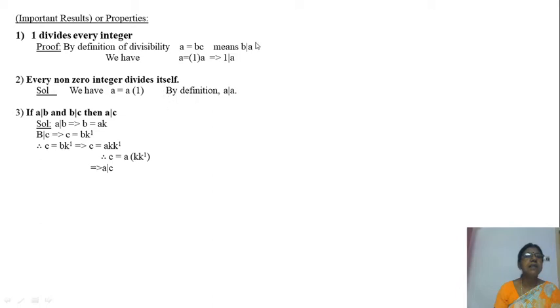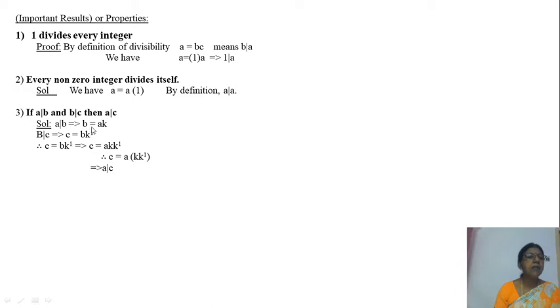Observe the definition: a divides c means we can write c as a into some integer. Start with c. Now c is equal to b k dash, as already noted.